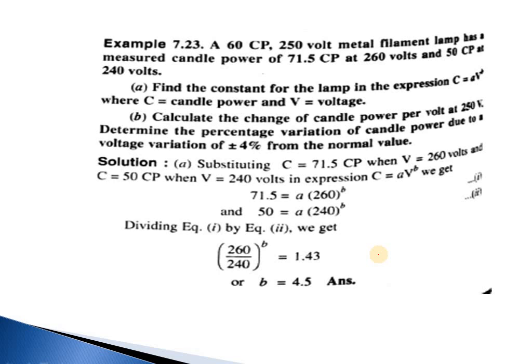Solution. Substituting C equals 71.5 CP when V is 260 volts and C equals 50 CP when V equals 240 volts, and the expression given is C equals A into V to the power B. So we get two equations with the given values: 71.5 equals A into 260 to the power B, and 50 equals A into 240 to the power B. Now dividing these two equations, we get B equals 4.5.